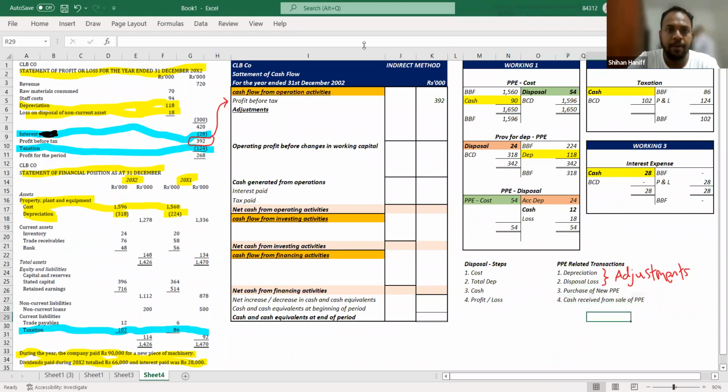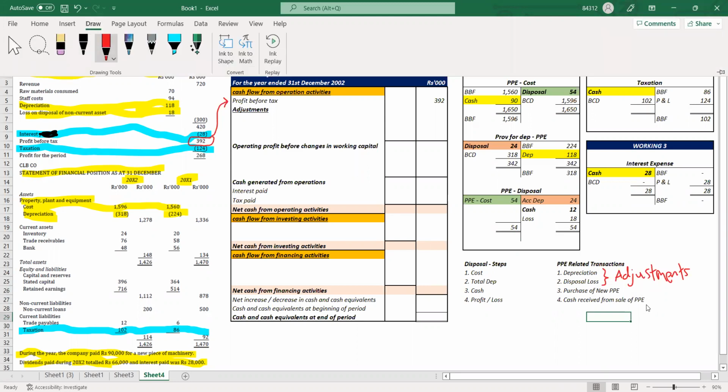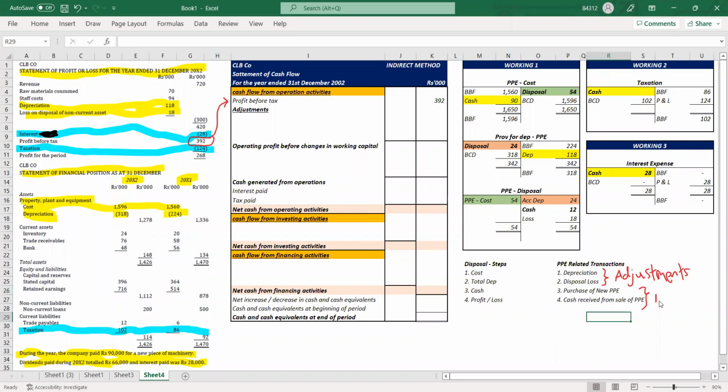So these 2 transactions will be recorded in the investing activities. Okay, so these are the 4 transactions. So in our level, we will get only these 4.